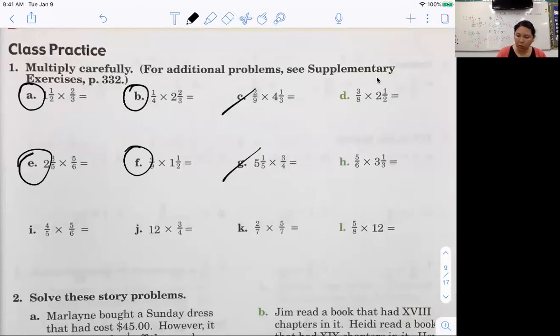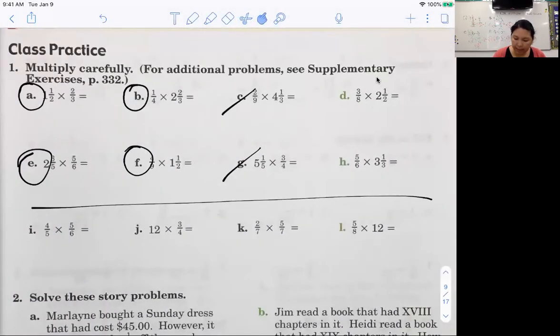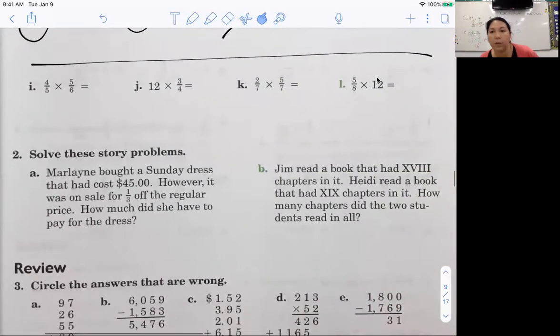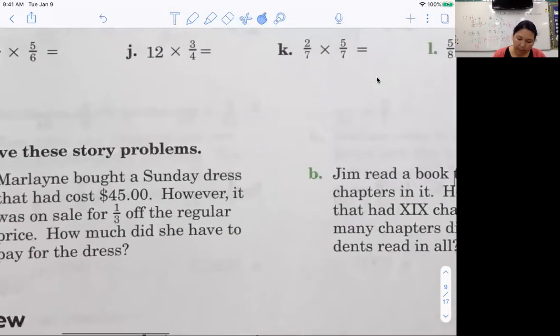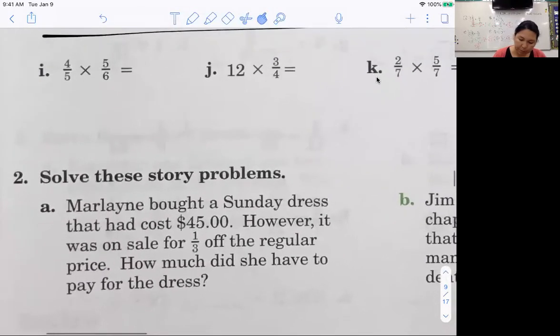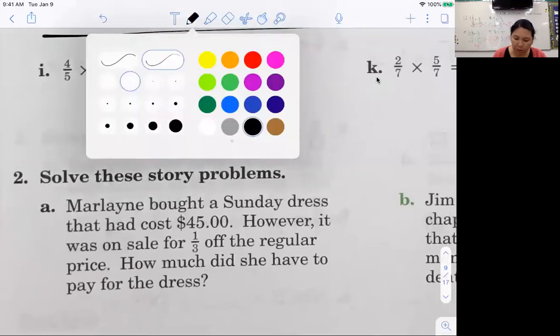All right, now I'm going to draw a line here, and let's look at letter I. This is review from last week, okay? Top times top, bottom times bottom. Although, what can I do first?